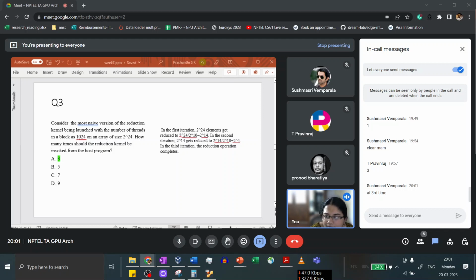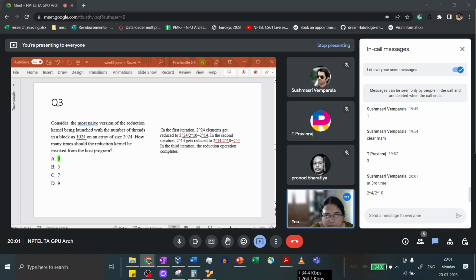Okay, at the third time. Right, so if that is lesser, right? So basically your reduction terminates when the number of elements comes to 1.